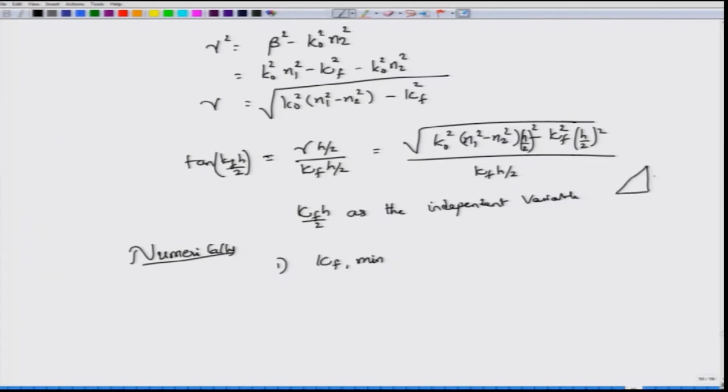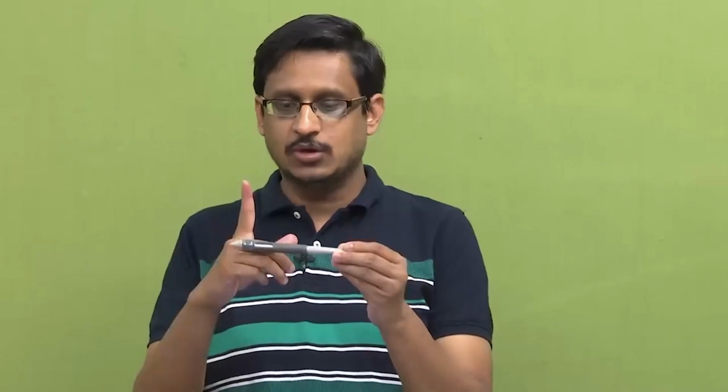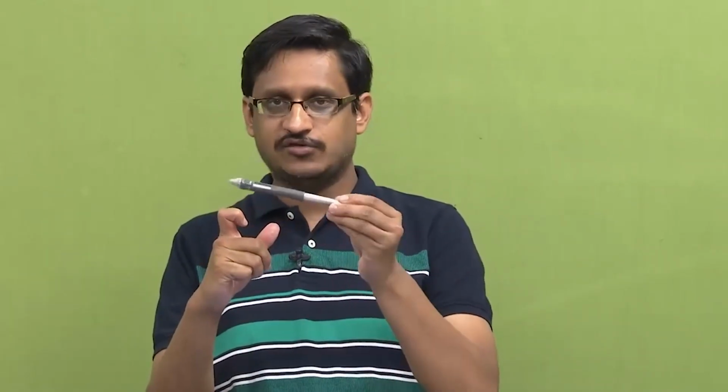So, this is kappa_f, this is beta, and together is the wave vector inside the film, which is k0 n1. So, you can actually have the length of kappa_f become 0, at which point k0 n1 will be exactly equal to the propagation constant beta. So, if you start shrinking this height, then k0 n1 actually falls onto beta.